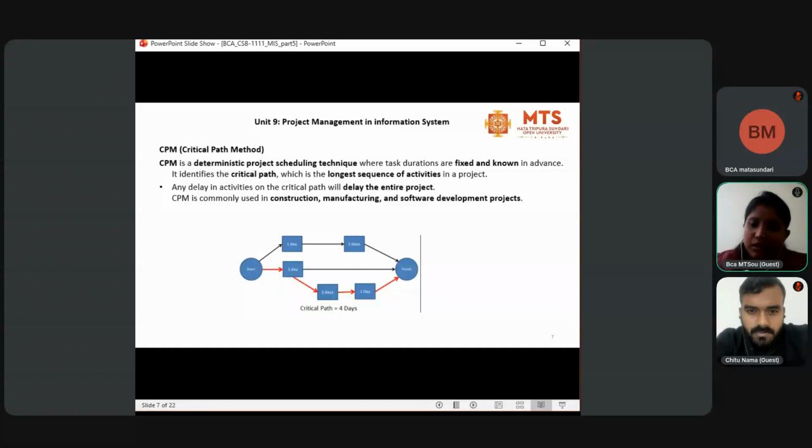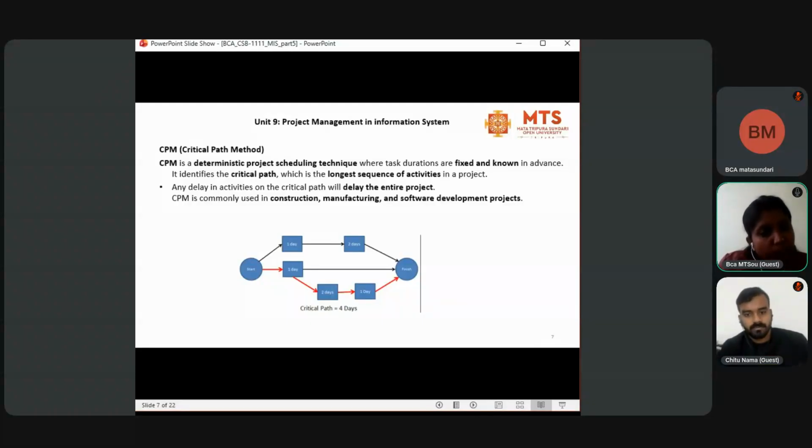Now, what is resource allocation? Resource allocation is the process of assigning available resources such as manpower, money, hardware, and software to various activities.